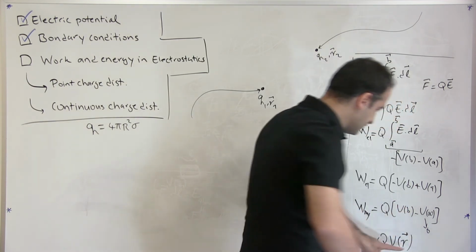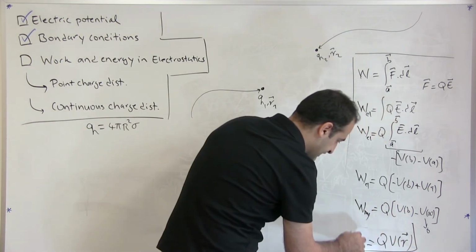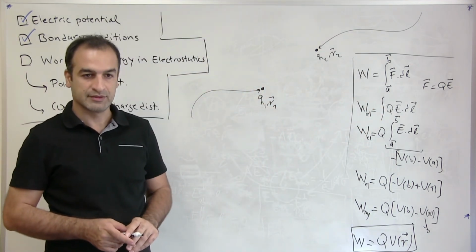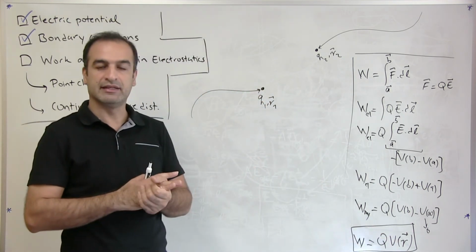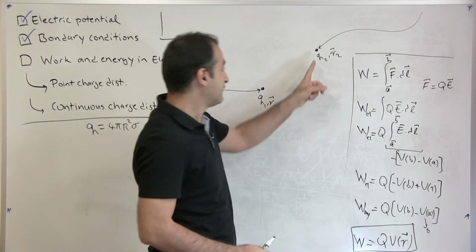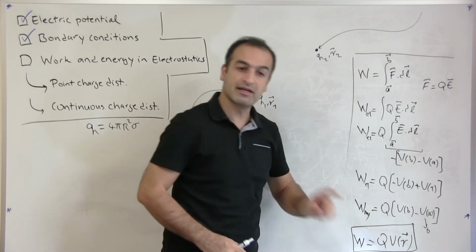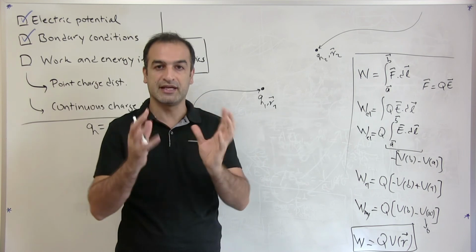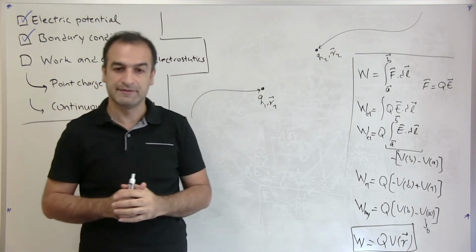I'm changing B to R, meaning I'm looking at the electric potential right at the final position of the charge. So the electric charge of the particle times the electric potential at its final position tells me how much work I need to do to make this transition happen.